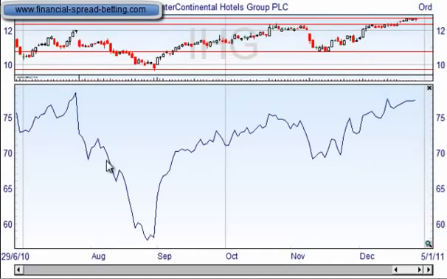But as we've shown, it's a relatively simple indicator to use, and once you begin to get used to it, and you use it a lot, it can be very powerful indeed.